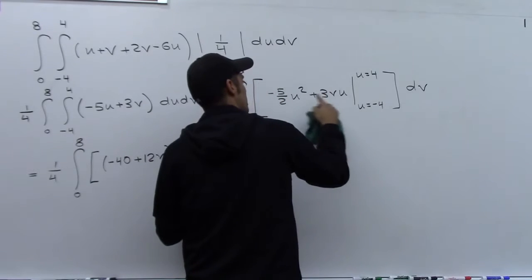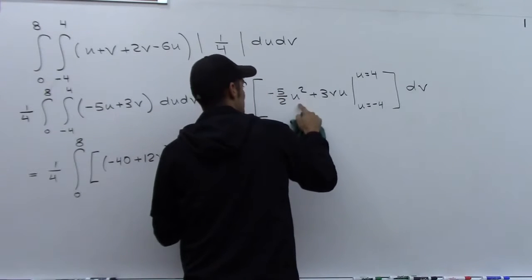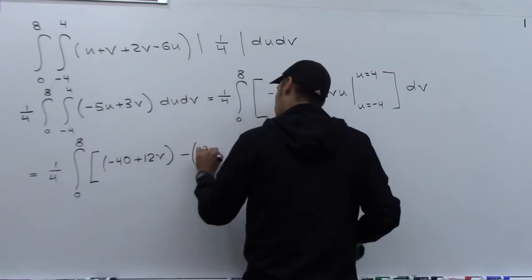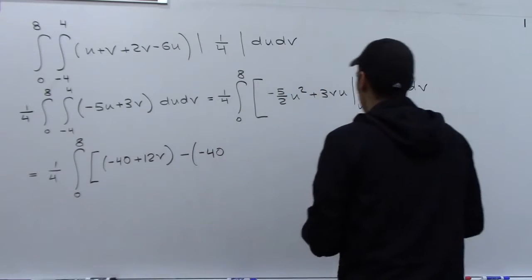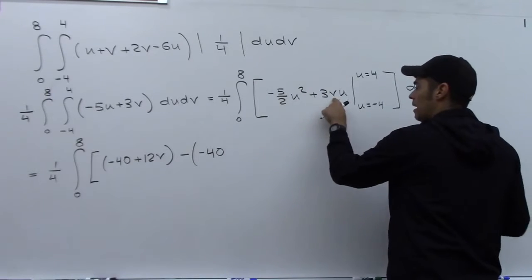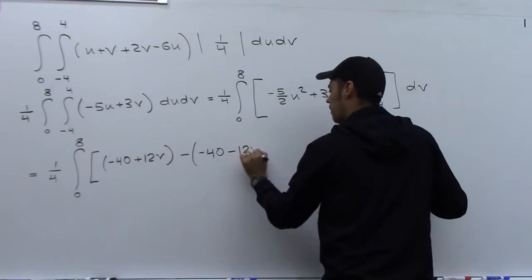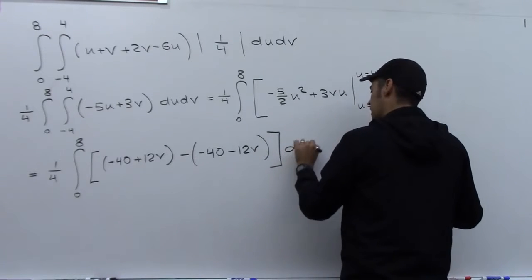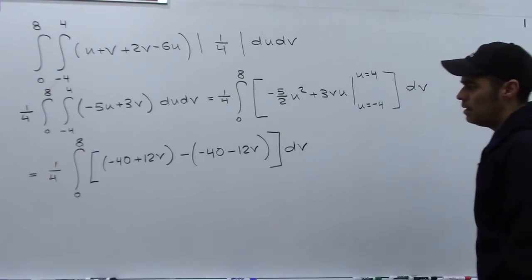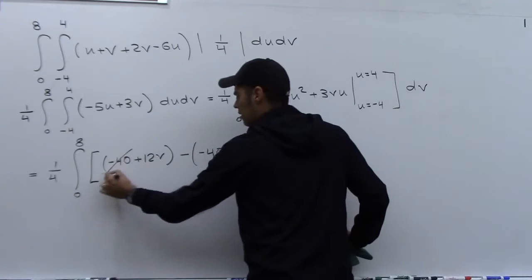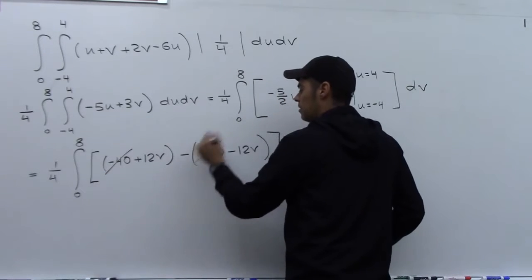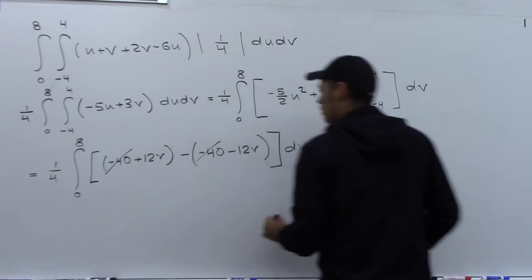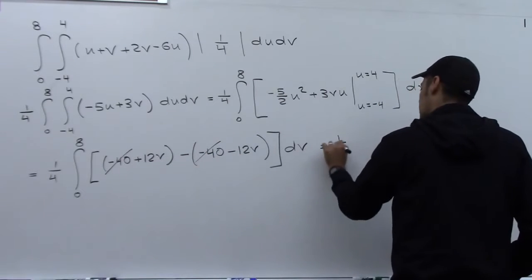If I plug in negative 4 here, that's squared, I still get 16, then half of that is 8, so I still get negative 40 there. And then here, negative 4, I get negative 12v, and then dv. And I believe this negative 40 cancels out with that negative. Negative is positive, so that negative 40 is going to be gone. This is going to become plus 12v. I already had a 12v, so I should be looking at this.